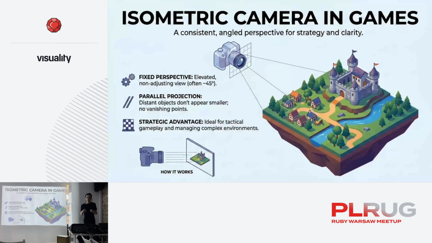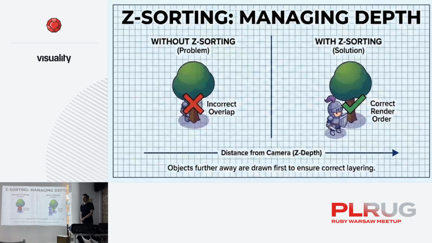And there are a lot of things that we have to implement. My assets are in isometric perspective, so I had to implement an isometric camera. With 2D games, there is this problem with perspective, so it's not that obvious what should be in front of the camera. And in order to solve it, there is this solution called Z-sorting.